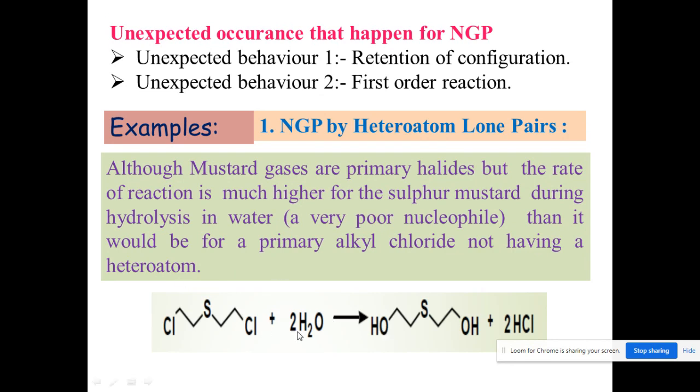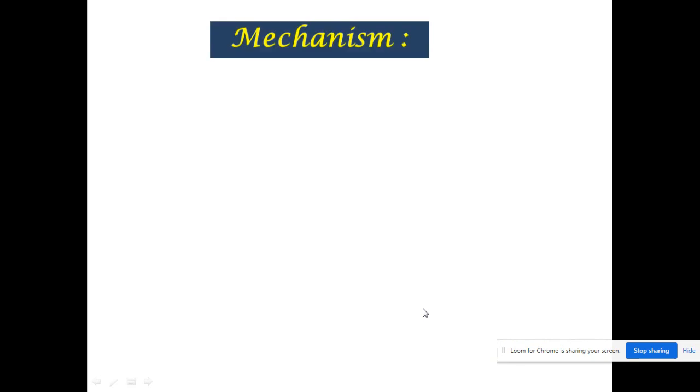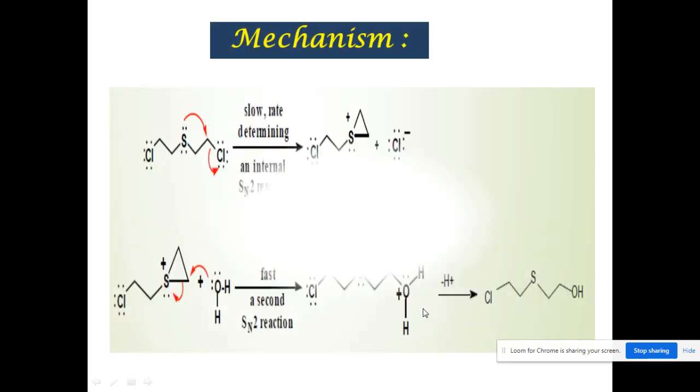Now, this is the hydrolysis of mustard gas to form this product. And what is the mechanism behind this reaction? Now, we'll go through the mechanism. Here, the sulfur atom containing a lone pair of electrons attacks from the backside the carbon atom that holds the chlorine atom, to form this cyclic sulfonium ion.